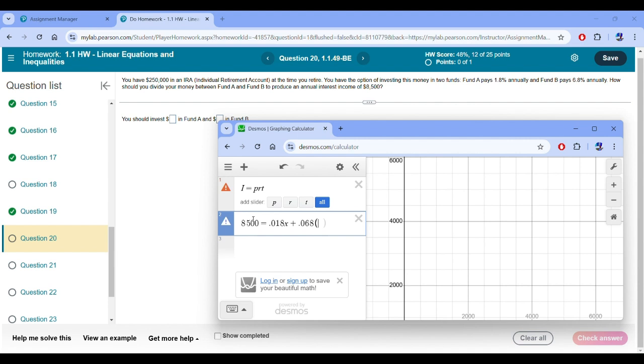Now, how much money do I have to invest? I have $25,000. If I invest X amount at 1.8%, then I would have $25,000 minus X left to invest at the other account.